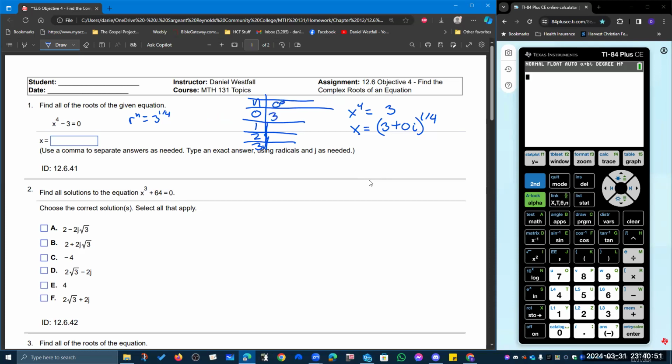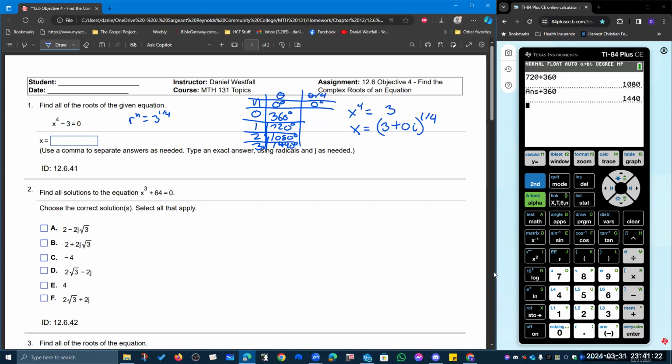Then I'm going to have 360 degrees, 720 degrees, 720 plus 360 is going to be 1080, plus another 360 is going to be 1440. And then I have these numbers divided by 4.